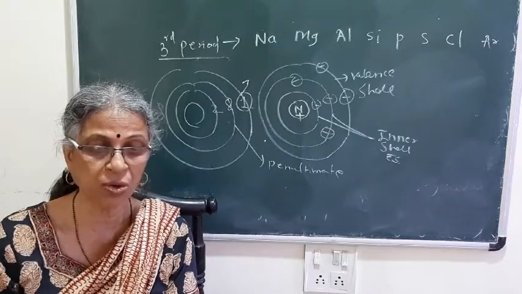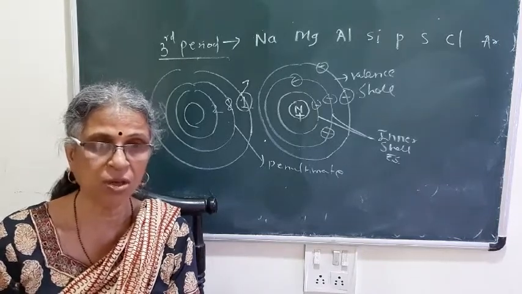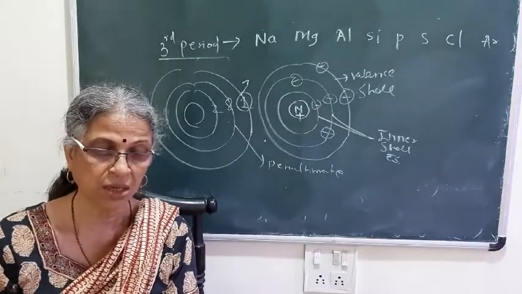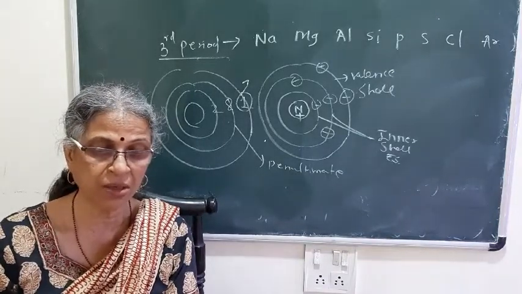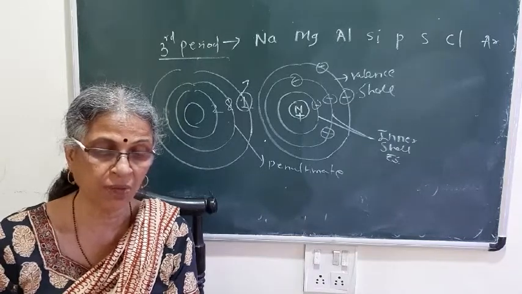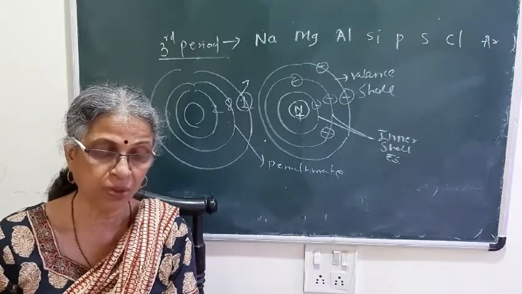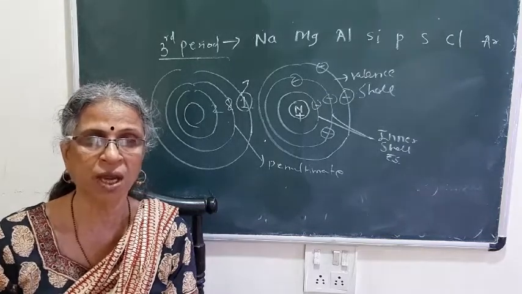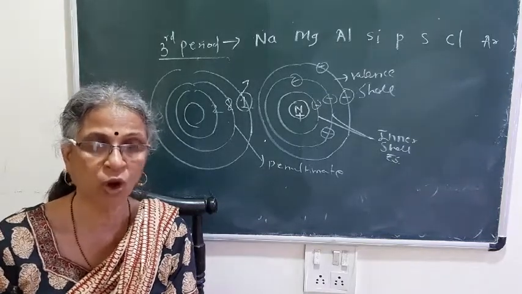These are second group elements. What conclusion do they have? The reactivity of these alkaline earth metals increases whenever we go down the group. They have given that confirmation by considering their reaction with water.